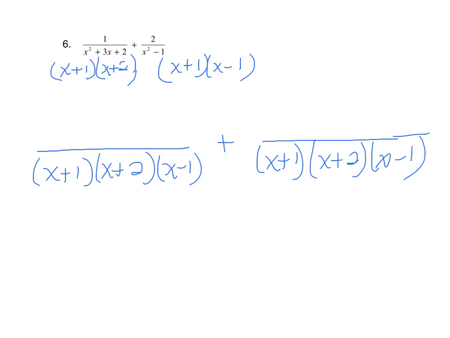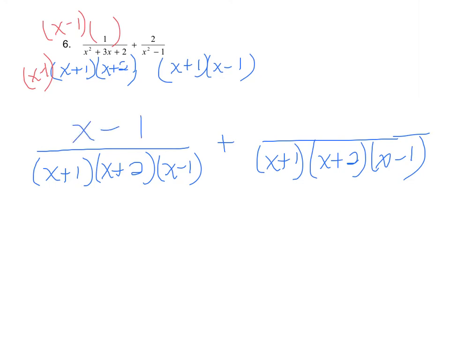Okay, so what did I give the original to make it look like the new one for the first fraction? You're right, I multiplied top and bottom by an x minus 1. So I have to do it to the top and the bottom, and x minus 1 times 1 is x minus 1.